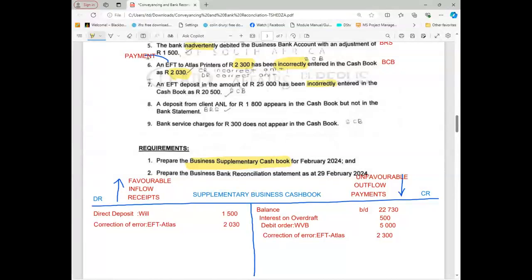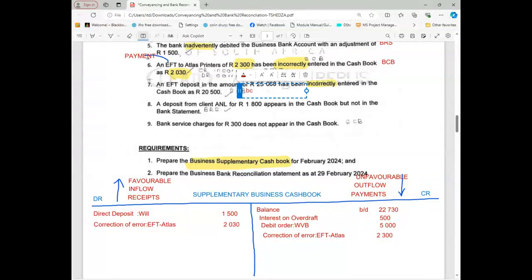It's us. Where do we correct the error, when we were the ones that made it? In the bank recon or the cash book? In the cash book, since it's us.